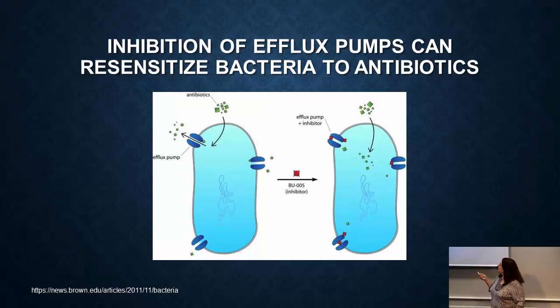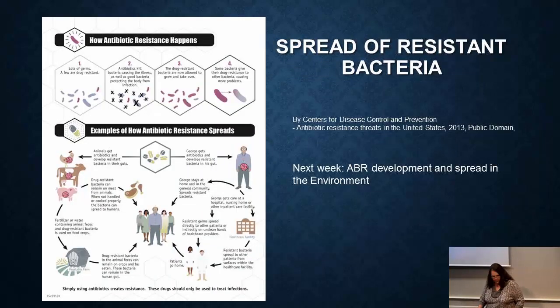So you could treat with both an inhibitor of the efflux pump and an antibiotic. And then we can get use out of old antibiotics that aren't so effective anymore.